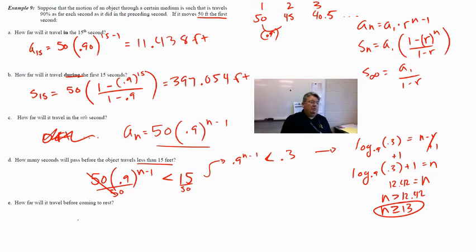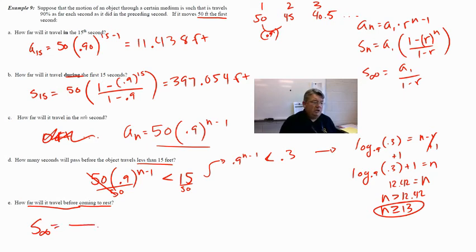How far will it travel before coming to rest? That means it stops. Well, it's going to stop at the infinite sum. How far will it travel before coming to rest? So when it stops, that's when it goes infinitely long. So really, this is asking for the sum of all the infinite terms.